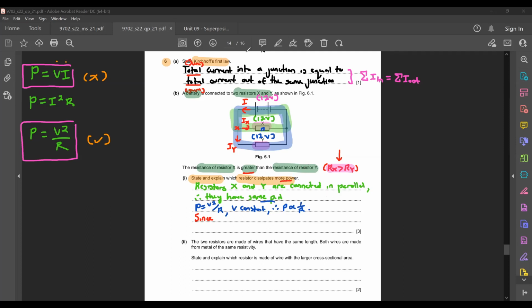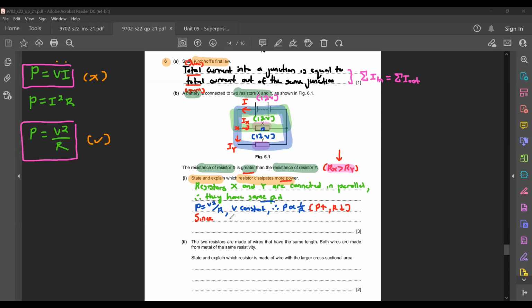So if you just look at the statement before, I said that power is inversely proportional to resistance. Your power will increase when R drops, okay? P is inversely proportional to R. Power would increase when R drops. So now you want to find the resistance that's actually the lower value here. The lower value resistance would actually give you a higher power.